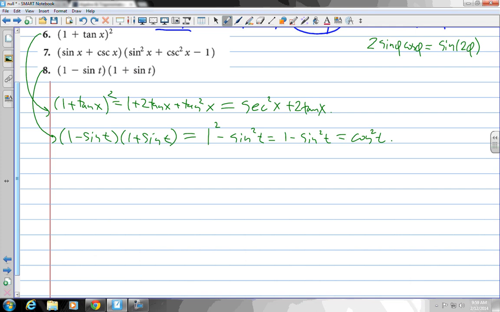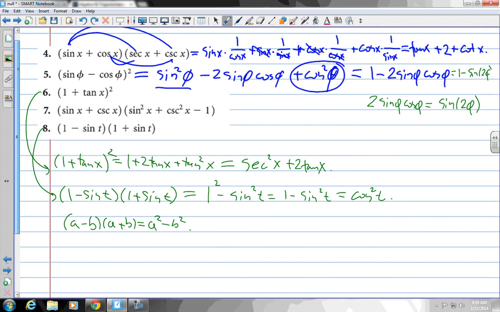Why did you get the squares? It's just using the algebra difference of squares formula. This is your a minus b, a plus b is a squared minus b squared, the difference of squares formula. So we're mostly using algebra in these problems. The trig is just kind of an afterthought. Okay?